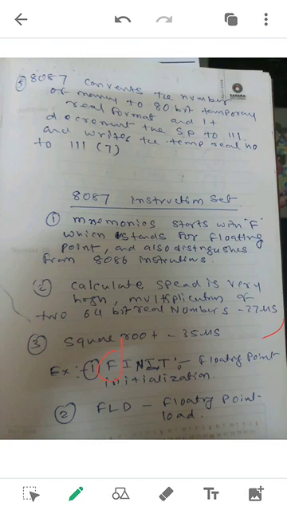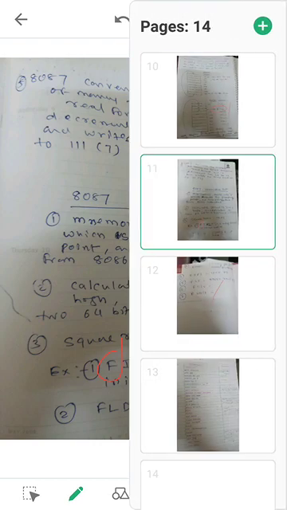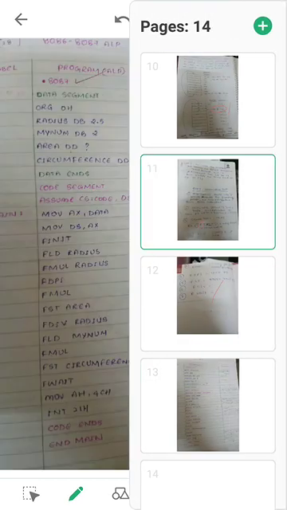The second instruction is FLD, meaning floating point load. And the third instruction you can see is FMUL. FMUL means floating point multiplication.